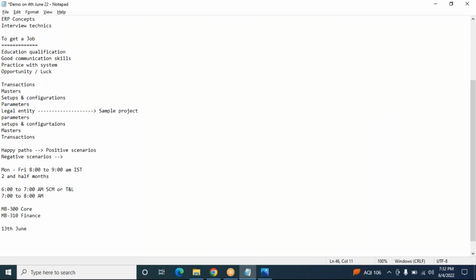There are no sessions on Saturday and Sunday. If it is delayed by one or two days, it may change to 14th or 15th, not more than that.